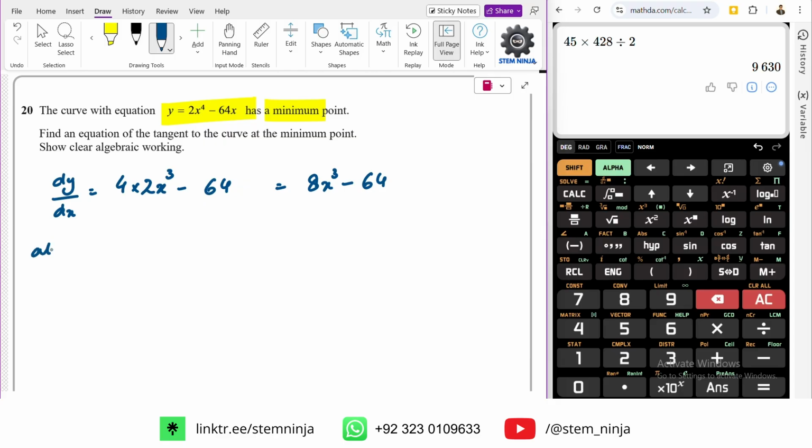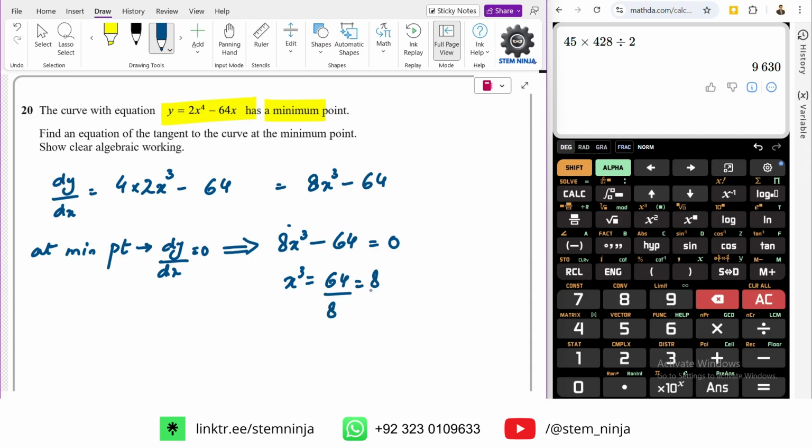Now at minimum point, dy by dx is 0. So we need to find out where 8x cubed minus 64 is 0. So x cubed is equal to 64 over 8, which is just 8. So x would be 2.